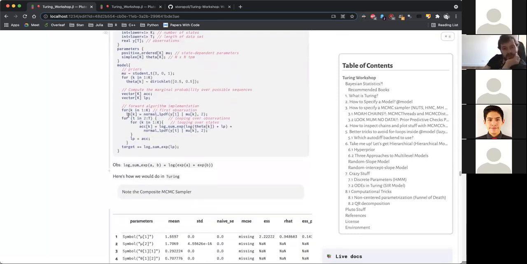And so we loop for all the other states, and then we use this helper variable accumulator, and this is where we accumulate the marginal probability of our hidden discrete states.